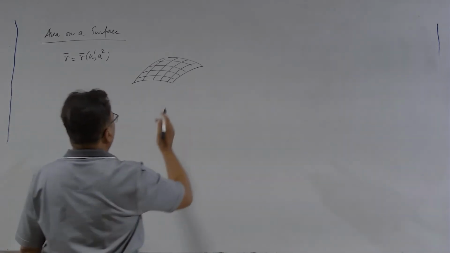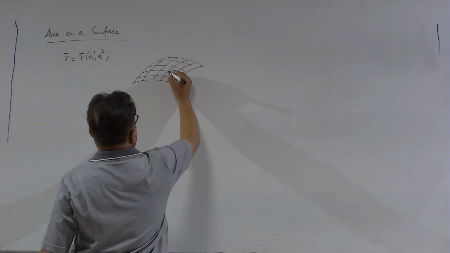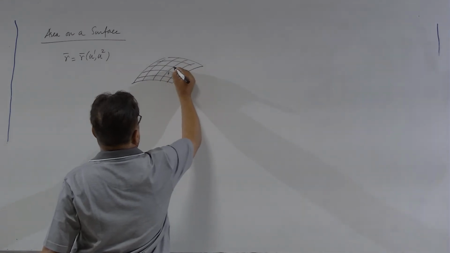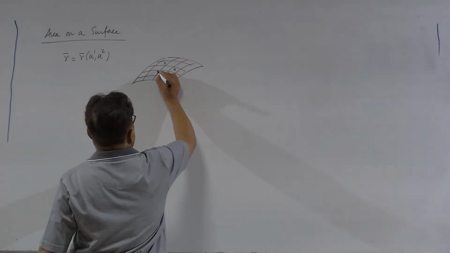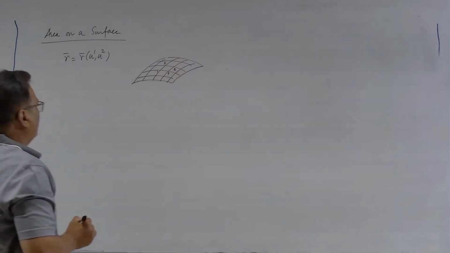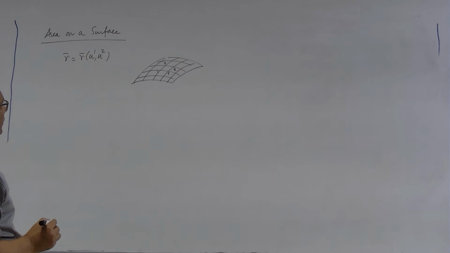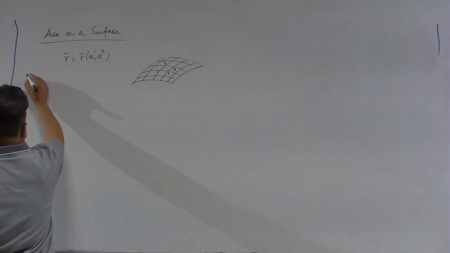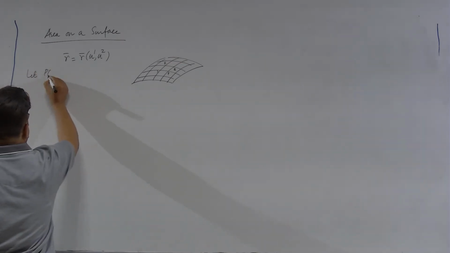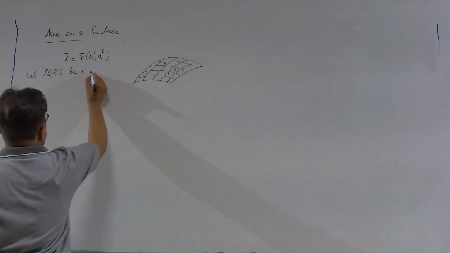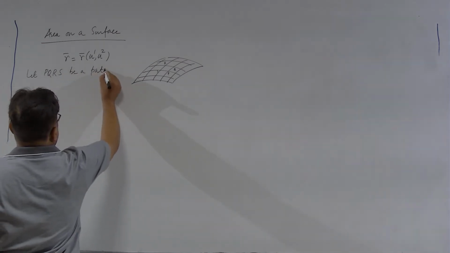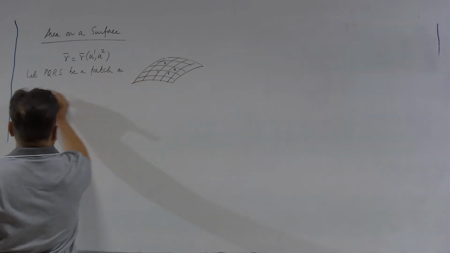You pick one patch, for example, I pick the patch, call it P, Q, R and S. So, what we will be doing, we will compute the area of a patch PQRS. So, let PQRS be a patch on the surface sigma.